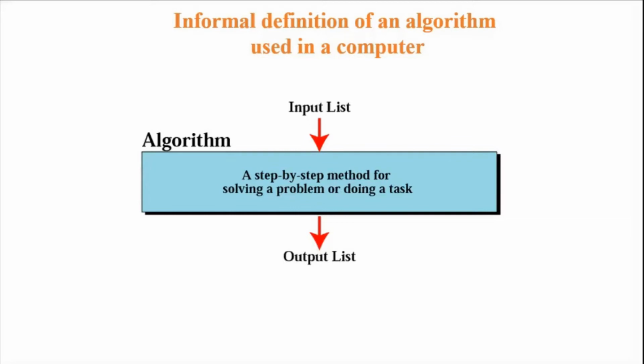The algorithm is how this particular data is to be processed, a step-by-step method for solving a specific problem using the given data. Then the output list may be the output result of this particular problem. So that is an algorithm.